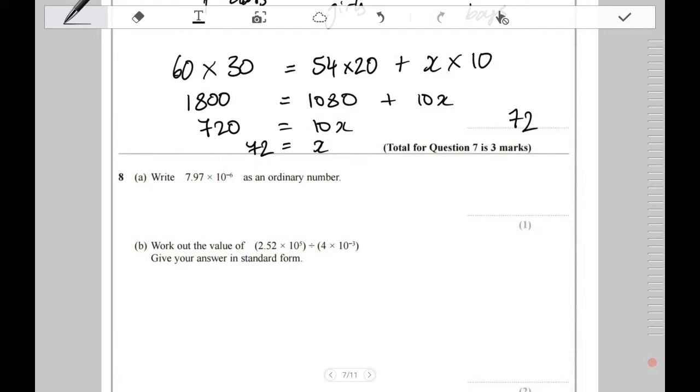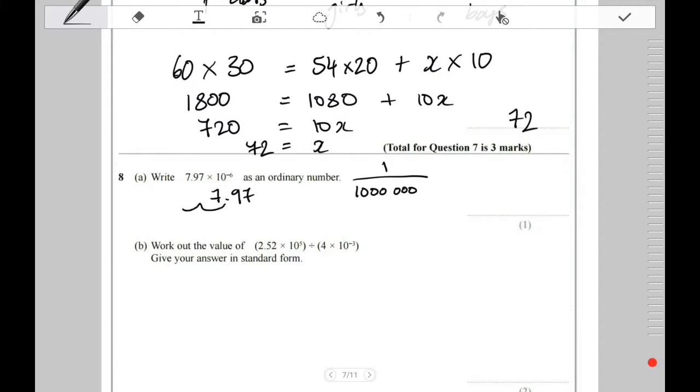Okay, write 7.97 times 10 to the minus 6 as an ordinary number. Okay, well, if it's to the minus, it's the same as saying 1 over, since it's to the power of 6, it's going to be 6 zeros. So 1, 2, 3, 4, 5, 6. So 7.97, the decimal point is going to move 6 times.